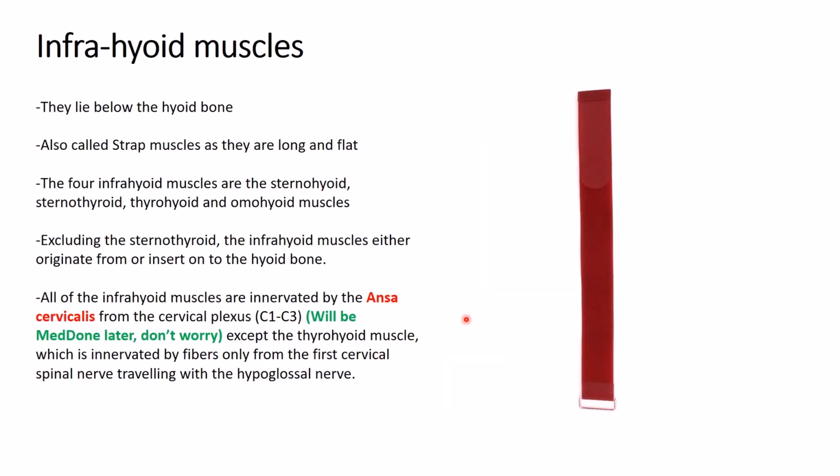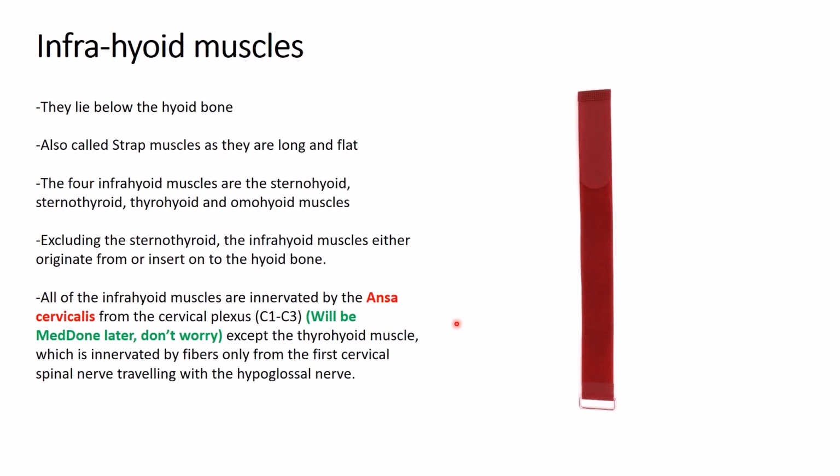All of the infrahyoid muscles are innervated by the ansa cervicalis. What is ansa cervicalis? We will talk more about it later on. Do not worry if you do not know about it before. The ansa cervicalis is derived from the cervical plexus, the cervical nerves 1, 2 and 3.